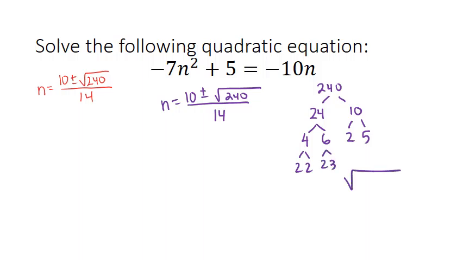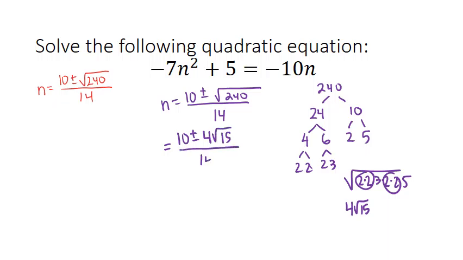So that radical is 2 times 2 times 3 times 2 times 2 times 5. So it is 4 radical 15. So we have 10 plus or minus 4 radical 15 all over 14.